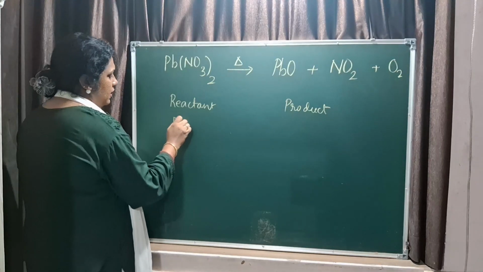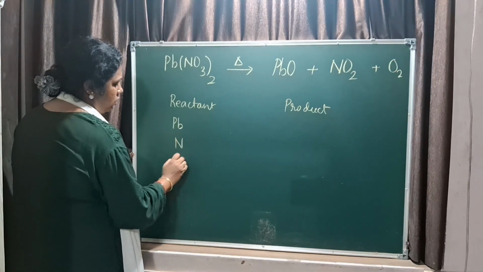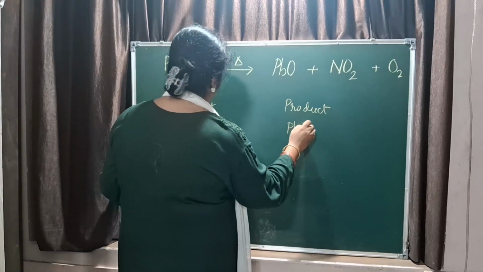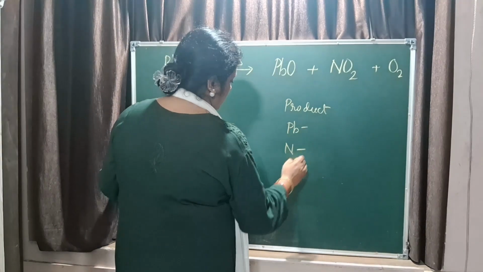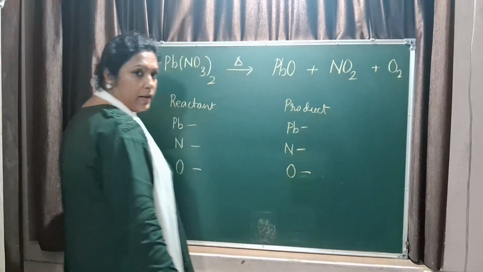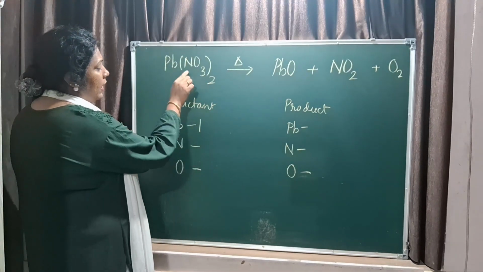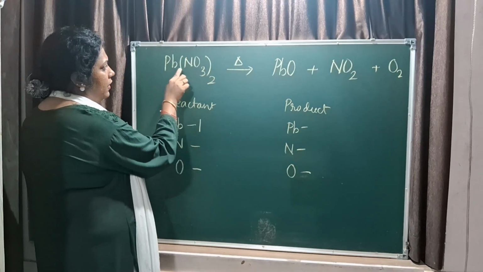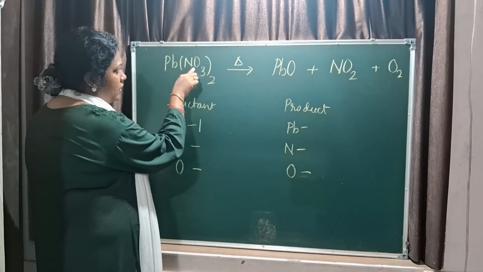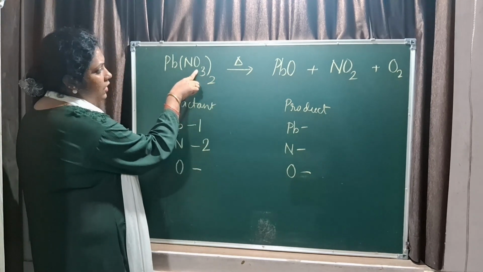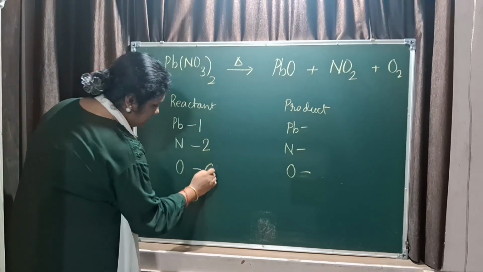So here lead is there, nitrogen is there and oxygen is there. And here lead is there, nitrogen is there and oxygen is there. Correct? Now when you talk about lead, lead is 1, nitrogen how many? It's whole bracket, right? So nitrogen is 1 into 2, that is 2. Oxygen is 3 into 2, 6.